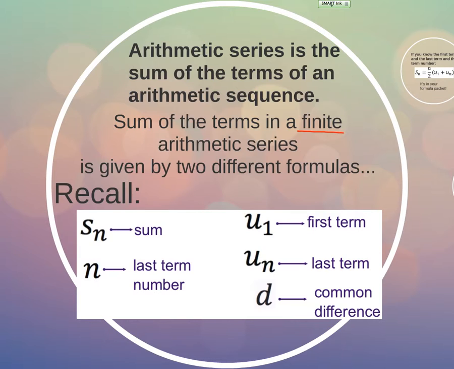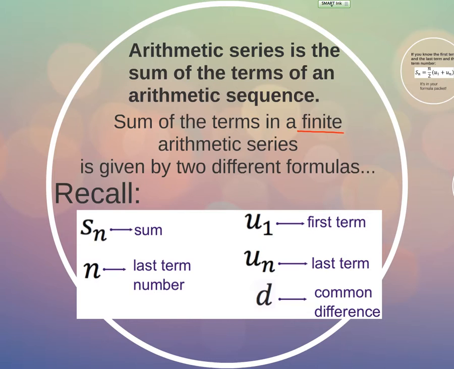And we have two different formulas, which we've briefly looked at, but we'll look at again. Some things to remember. We talked about this on Tuesday before break: capital S means sum. So S sub n, let's say it's the first 25 terms, I would have S sub 25.